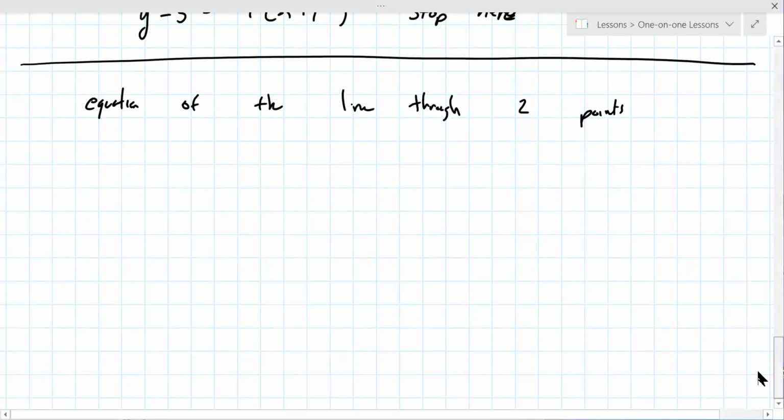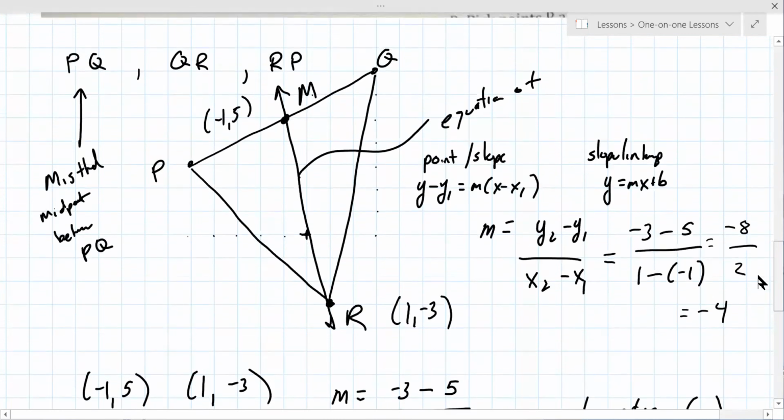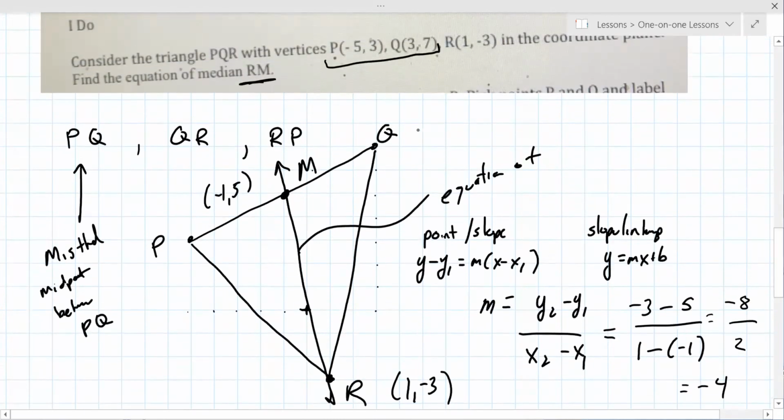So let's go back and look at the same one. And let's say we want to find, Q is 3 comma 7. Let's say we want to find PN. So N is the midpoint between Q and R. Let me grab this picture again.